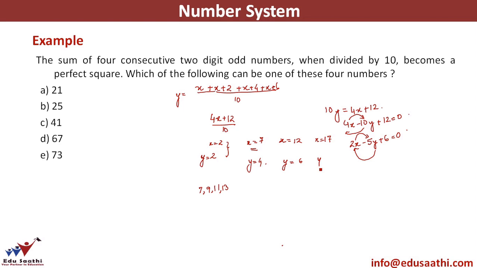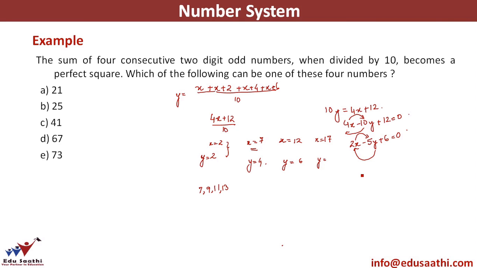At this value, 17 into 4 plus 12 by 10 is again not a perfect square.